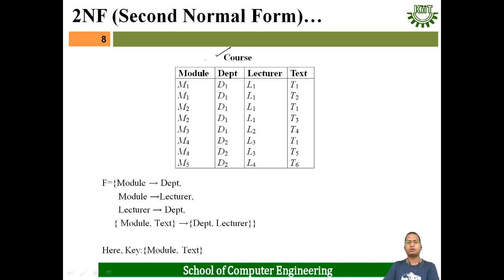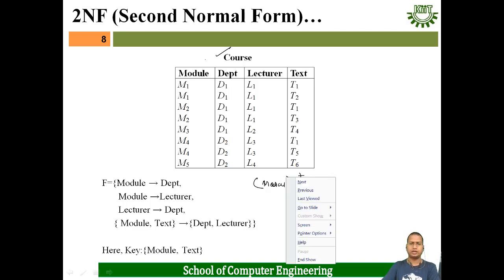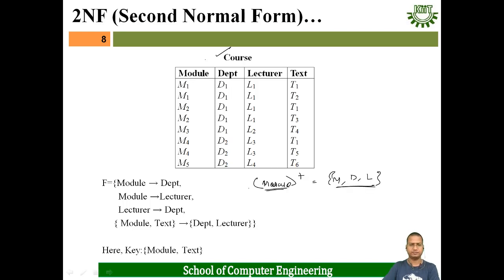First we have to find out what the candidate key is in this case. Suppose I take the closure of module here. What will I get? Module, department, lecturer. But text I will not get. All the attributes are not derived from module, that means it cannot be a key.